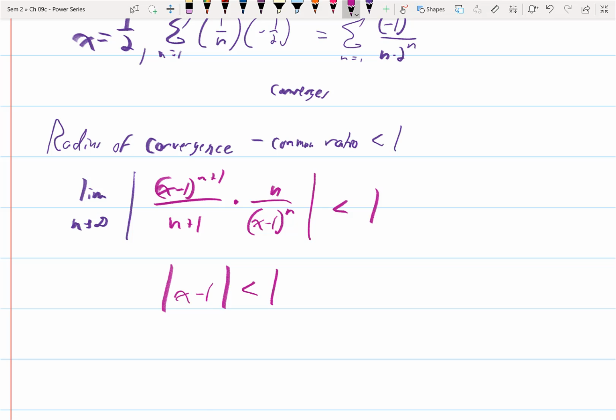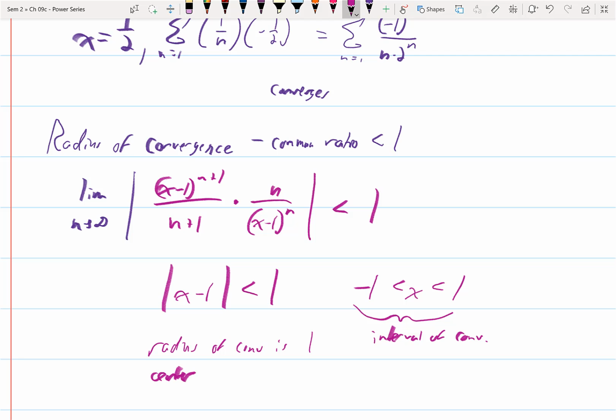And that means that x is in between -1 and 1. This right here is called the interval of convergence. And the radius of convergence is 1.